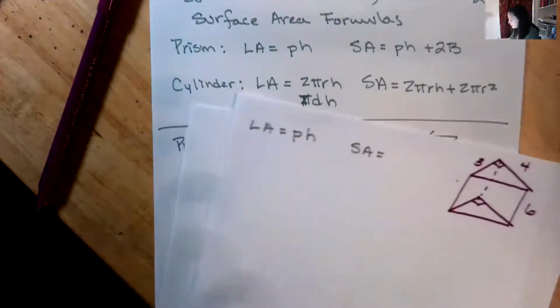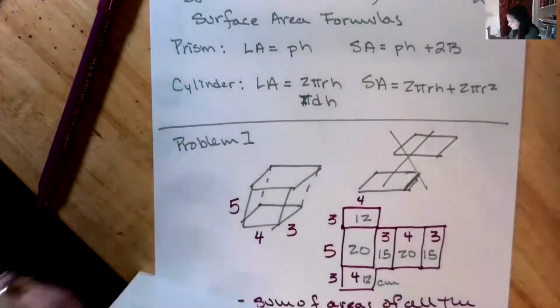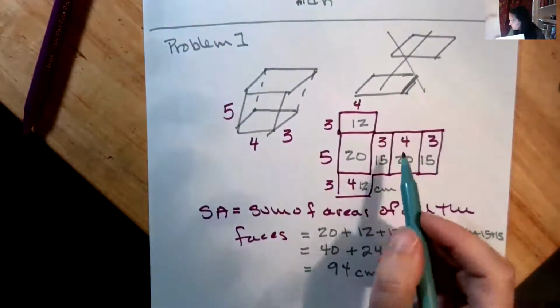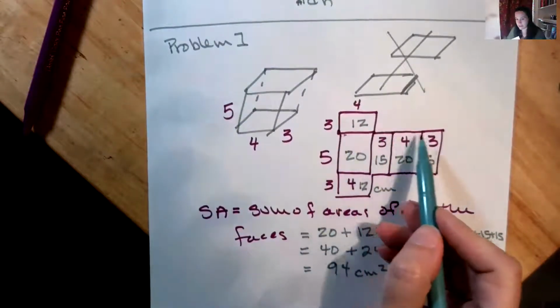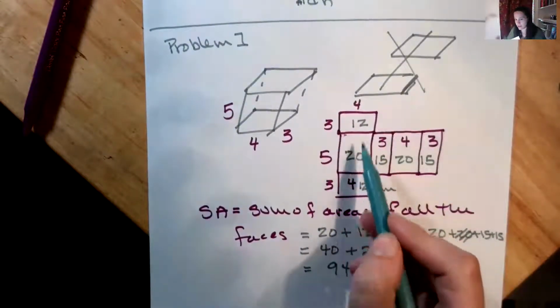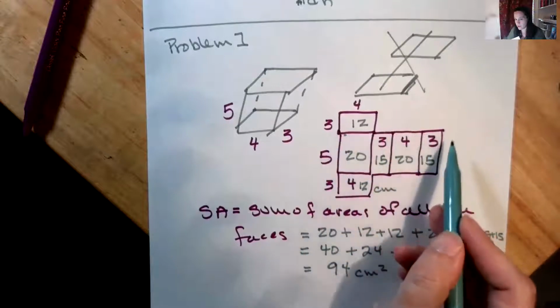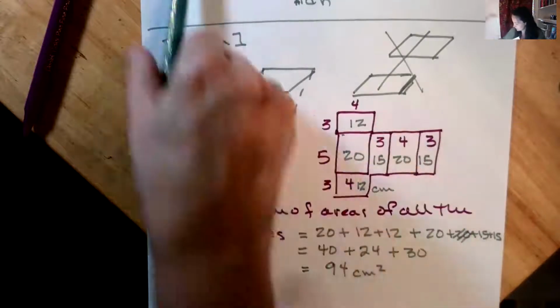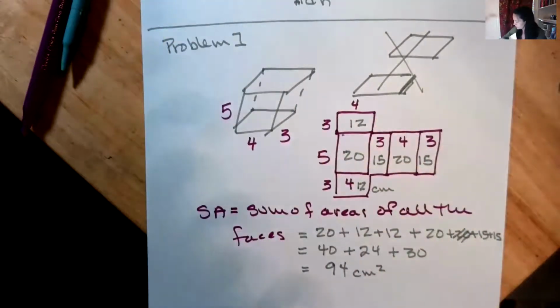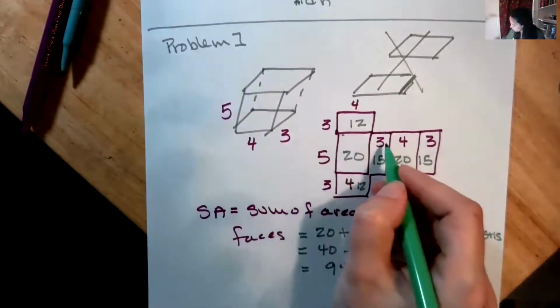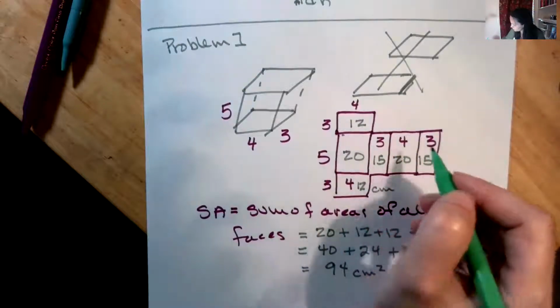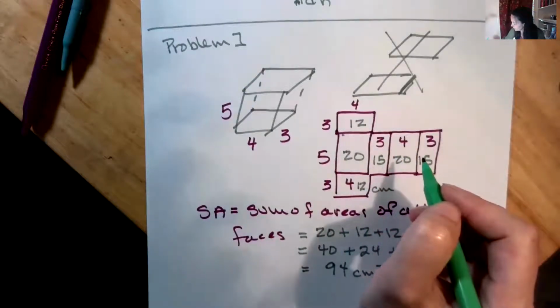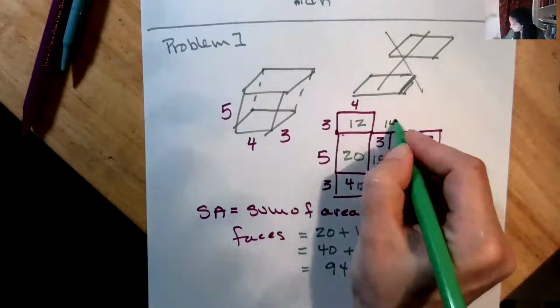Now, looking back at our net real quick, let's see why that might be true. So if you take a look at this net, we have one long rectangle if we put all of these together, right? And this entire side would be 4 plus 3 plus 4 plus 3, which would be 8 plus 6, which is 14.